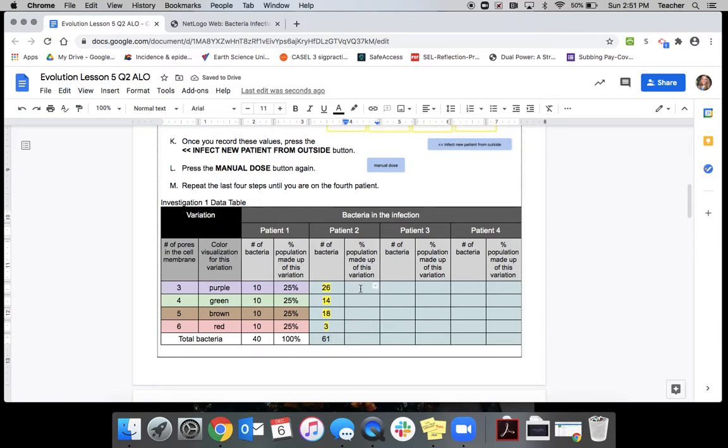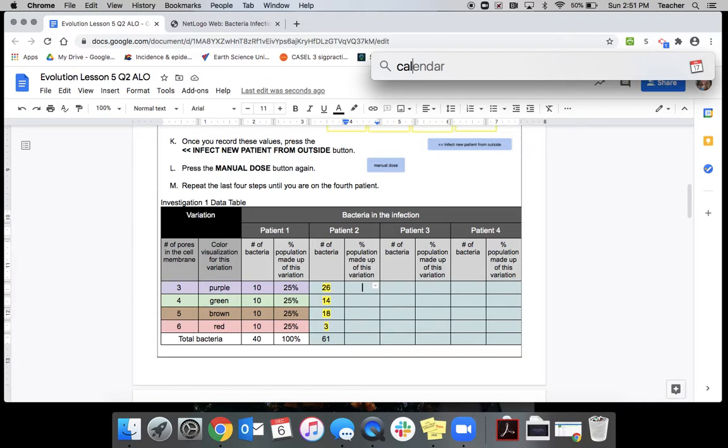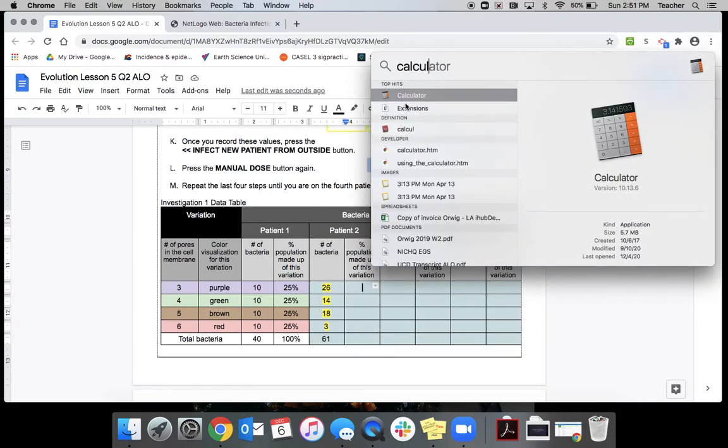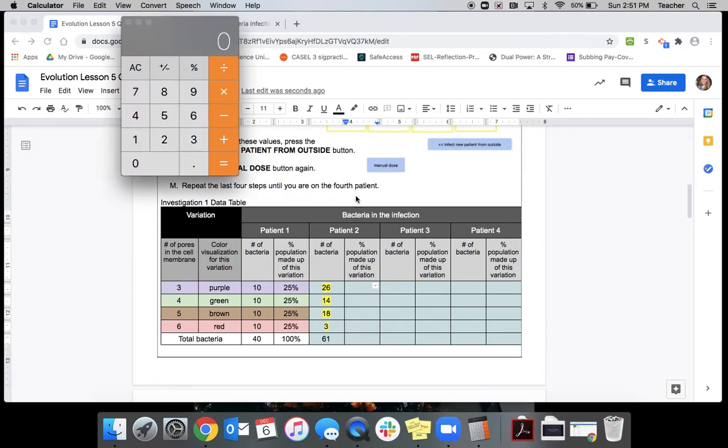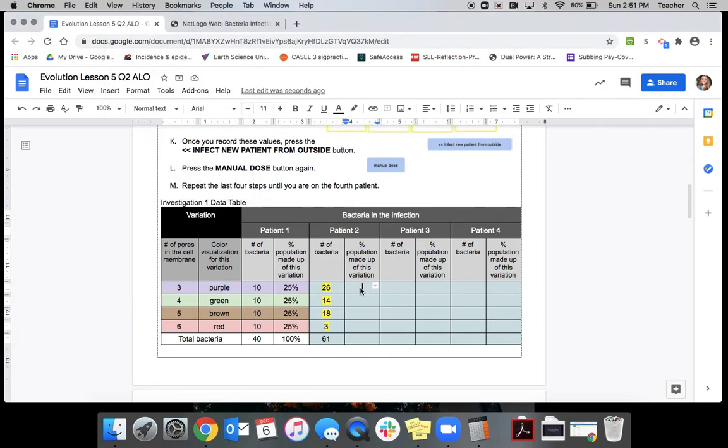So I'm going to do my quick percentage calculations. Open up my calculator. And I'm going to take 26 divided by 61 times 100, which is about 43%.